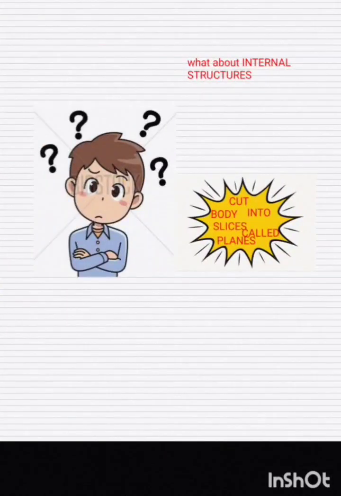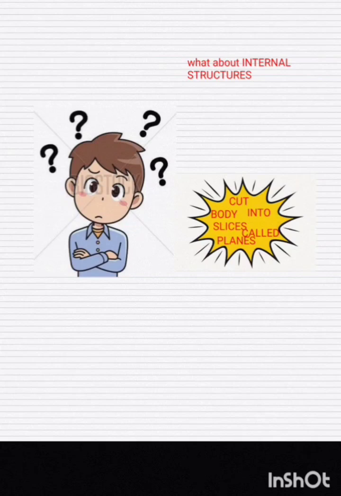So, we have talked about basic directional terms. So, what about the internal structures? If you want to study the internal structure, the body is divided by imaginary planes. That's called anatomical planes. The body is cut into slices. It's not an actual cut, it is an imaginary division.